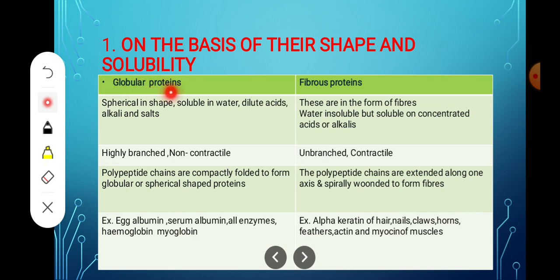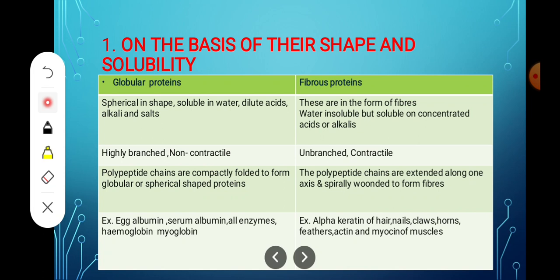Proteins are classified into globular proteins and fibrous proteins. Globular proteins are spherical in shape, water soluble, also soluble in dilute acids, alkalis and salts, highly branched, non-contractile. The polypeptide chains are compactly folded to form globular or spherical shaped proteins. Examples are egg albumin, serum albumin, all enzymes, hemoglobin, myoglobin.